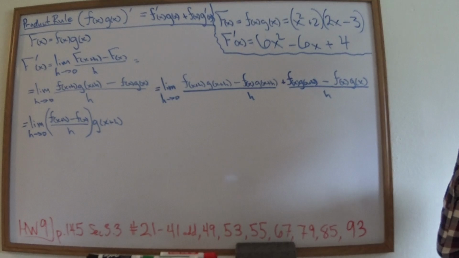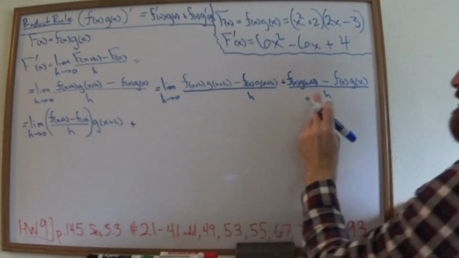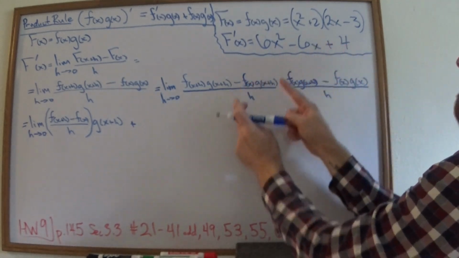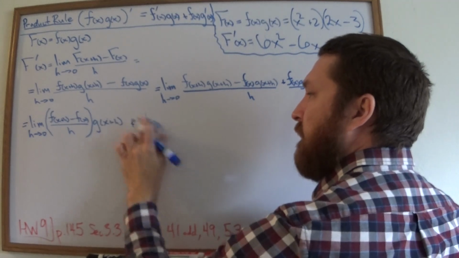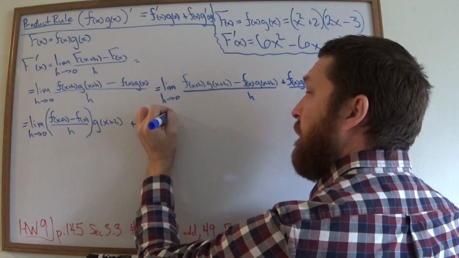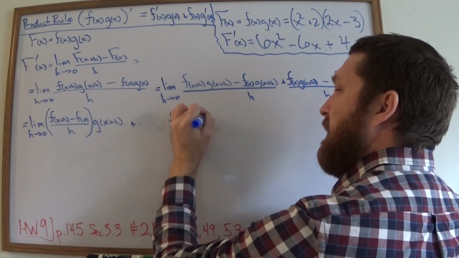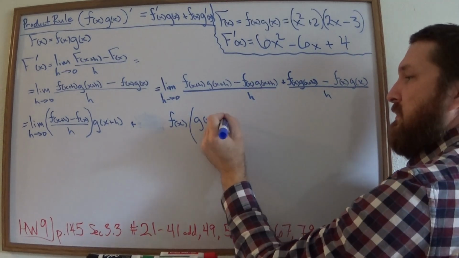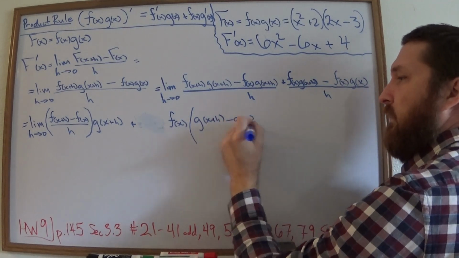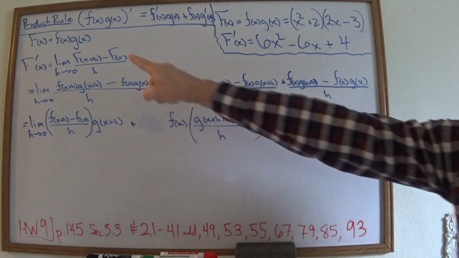I'm just kind of cutting to the chase here. And this is plus, I'm going to factor out my f of x this way. Give myself a little bit of room and say f of x this way. And now what's left is my g of x plus h minus g of x all over h. Everybody believe that this is the exact same thing as our original?